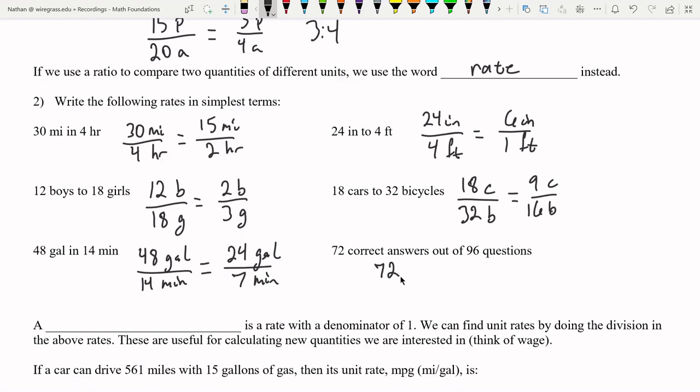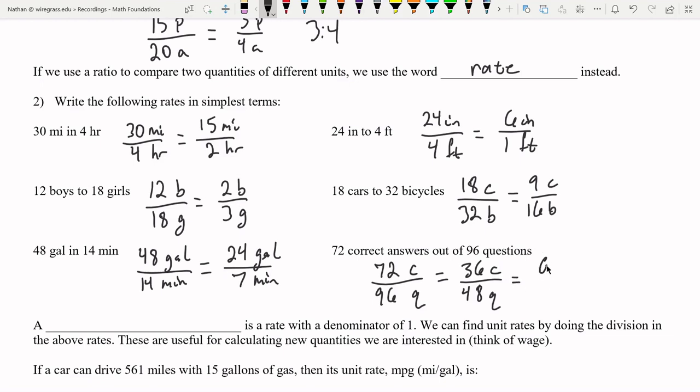Okay, and 72 correct answers out of 96 questions. We have 72 correct out of the 96 questions total. Divide top and bottom by 2. It's going to give me 36 correct out of 48 questions. I can divide top and bottom by 6.